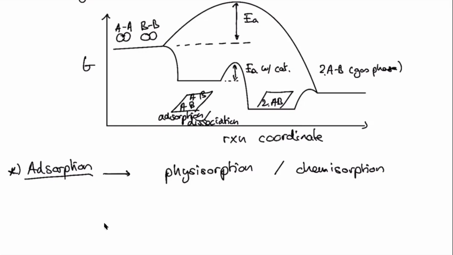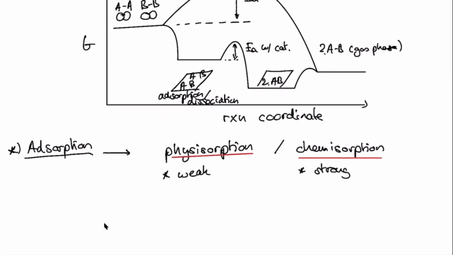So what are the differences? Physisorption is quite weak. Chemisorption is strong. Physisorption can be multi-layer, whereas chemisorption will be a monolayer maximum.